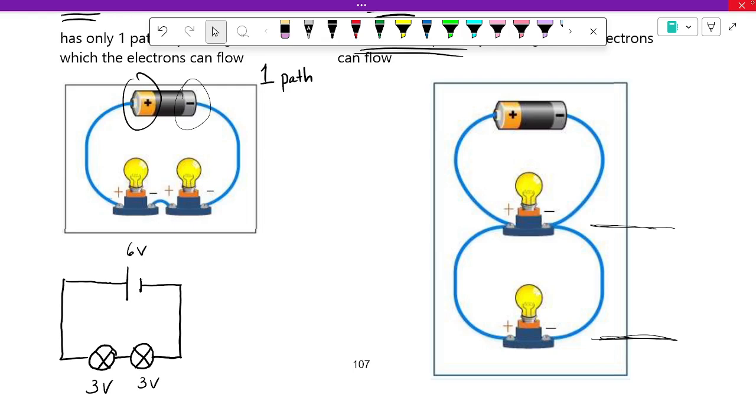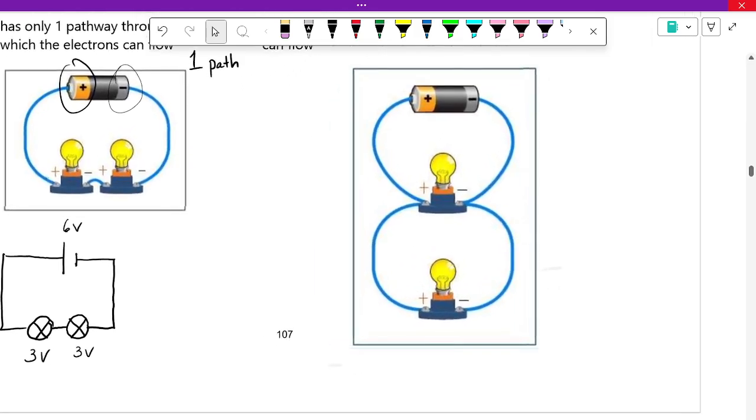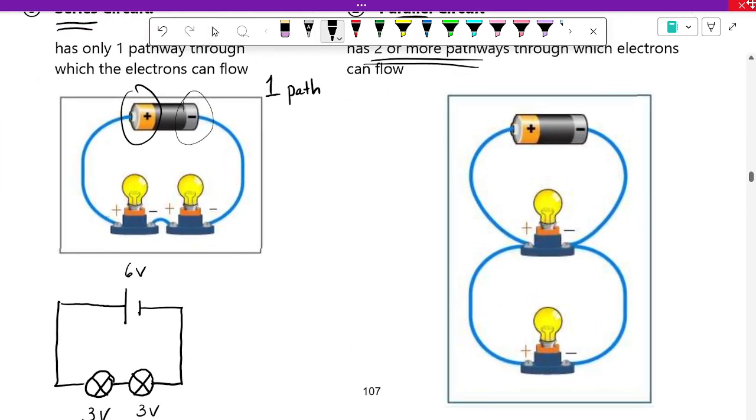Now, this one over here, I think I'm going to draw it over here. We've got a positive and our negative, and then we have one path here, and we have our second path here.